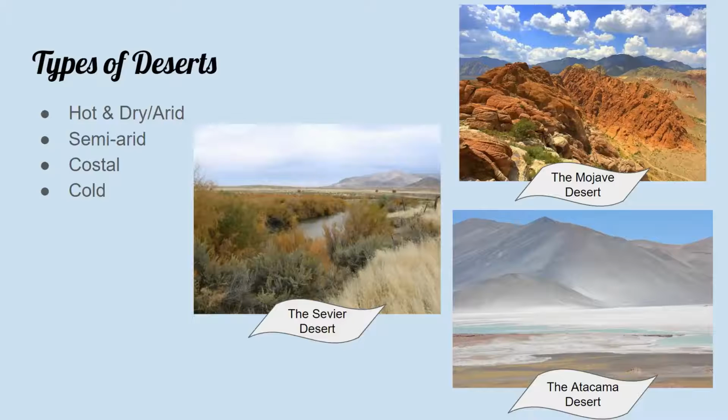A good example of that would be the Arctic, but we had covered tundra environments previously in Tales from the Field. So for today's desert animals, we will be taking a look at the different types of animals that inhabit the hot and dry, semi-arid, and coastal type deserts.